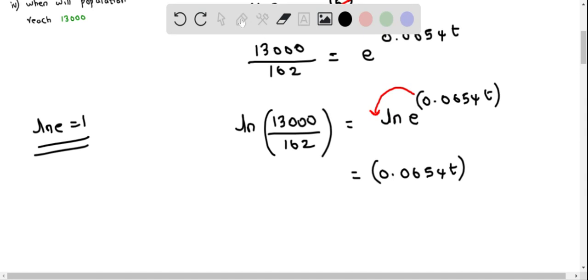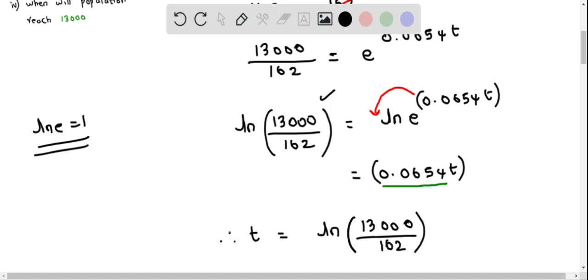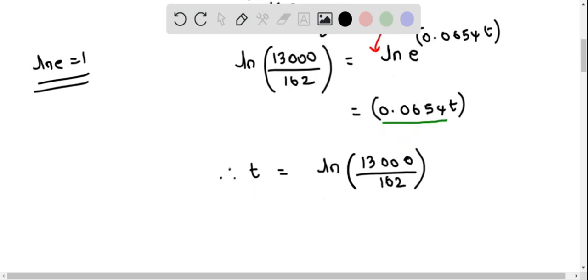Therefore, we write t equals, on the left side we have this expression, and this should be divided by this quantity. So this is natural logarithm of 13,000 over 162, divided by 0.0654.